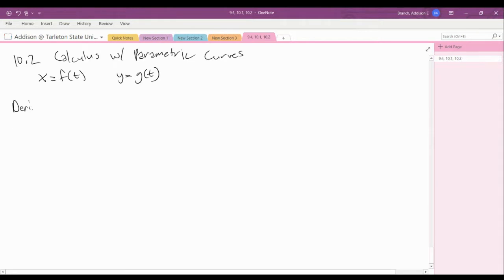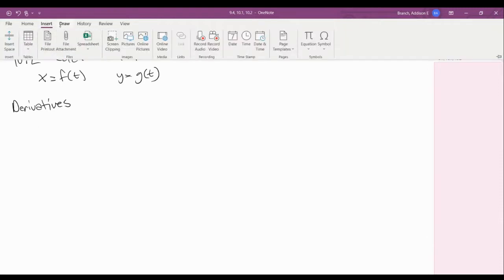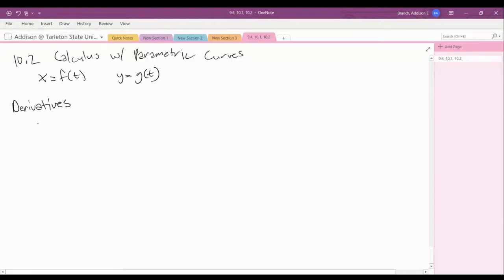With derivatives, if we play with our chain rule a little bit, we can get the formula dy/dx is equal to (dy/dt)/(dx/dt), as long as dx/dt does not equal 0.